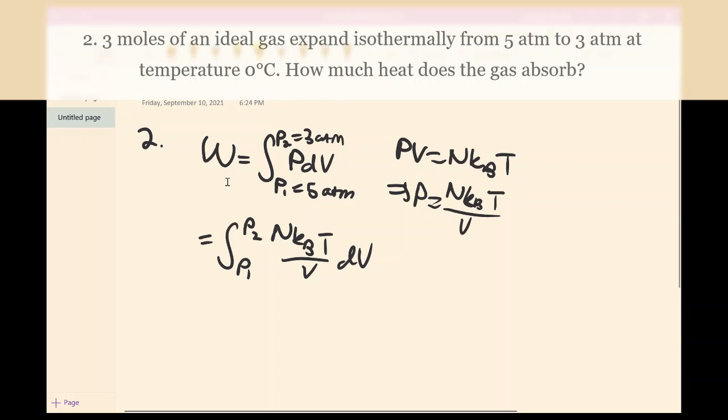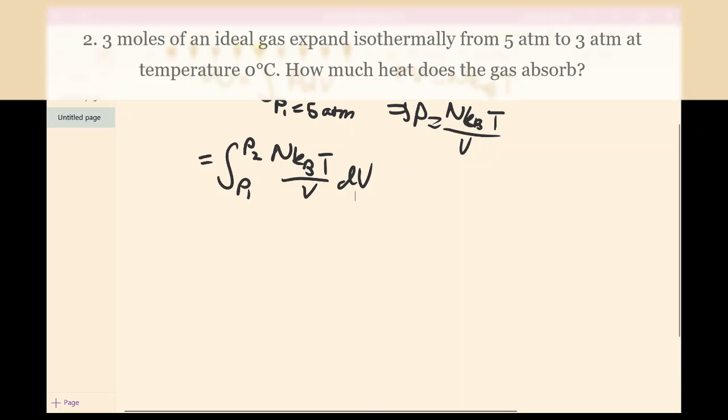Since we have dV here, it would be pretty easy to integrate. V1 is the volume at the starting position, and V2 is the volume in the final position.